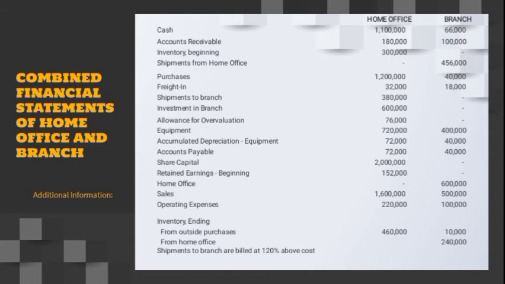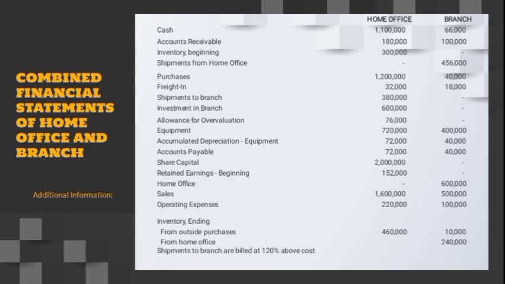Accumulated depreciation of equipment, 72,000 and 40,000. Accounts payable, 72,000 and 40,000 also. Share capital, 2 million. Retained earnings beginning, 152,000. Home office, 600,000. We have the sales, 1,600,000 para kay home office and 500,000 para kay branch. Operating expenses, 220,000 and 100,000 para naman kay branch.